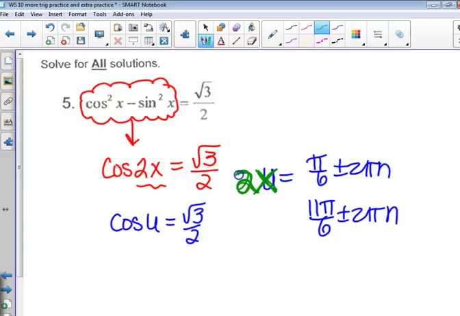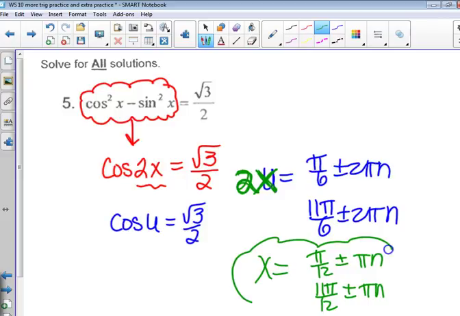So if I replace U with a 2x, what do I have to do to these answers to find x? Yeah, I have to find half of all that. What's half of a pi over 6? Pi over 12, and half of a 2 pi n is a pi n. Half of 11 pi over 6 would be... yes. Yep.